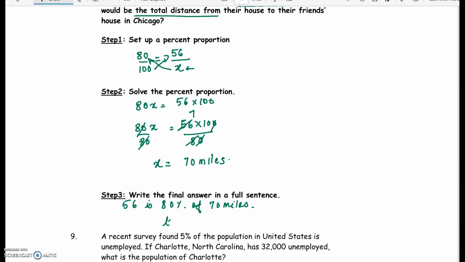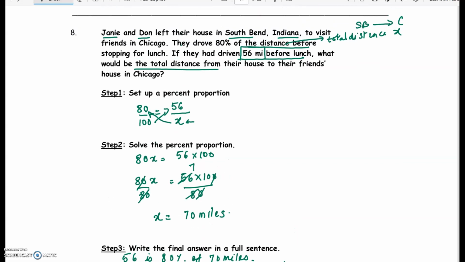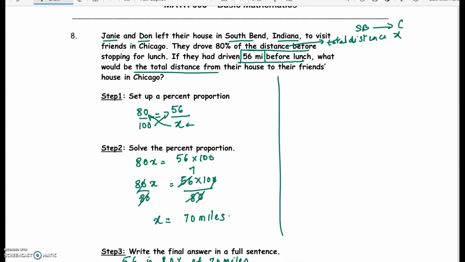So the total distance, which is your reference value, is equal to 70 miles. Now, how would we set up the percent equation? What we've set up here is a proportion. Ratio on the left equals ratio on the right.